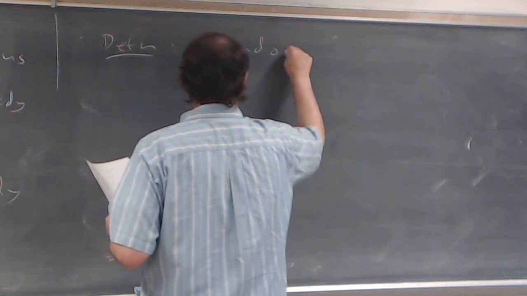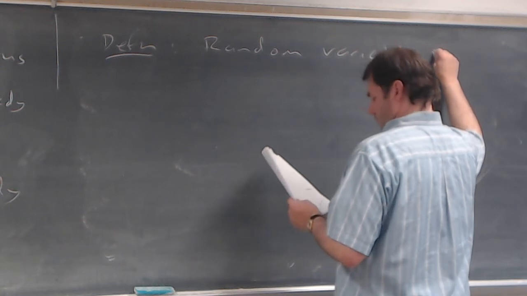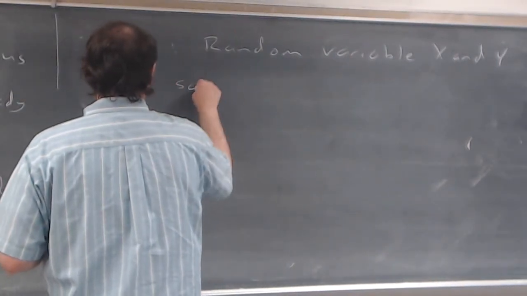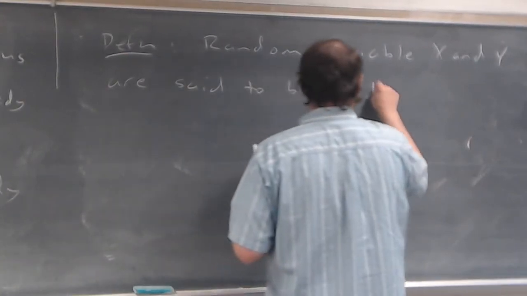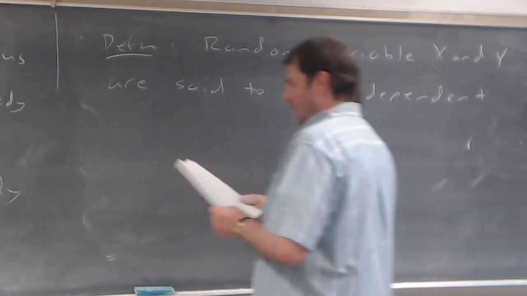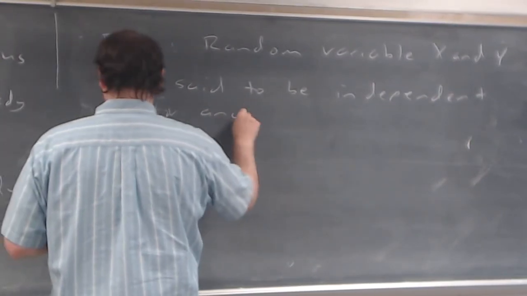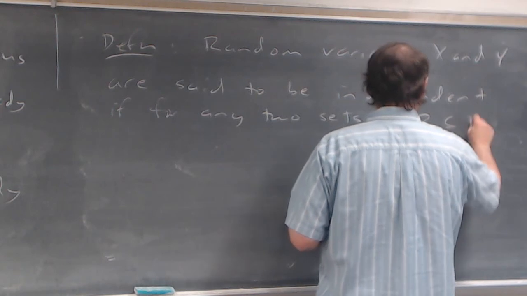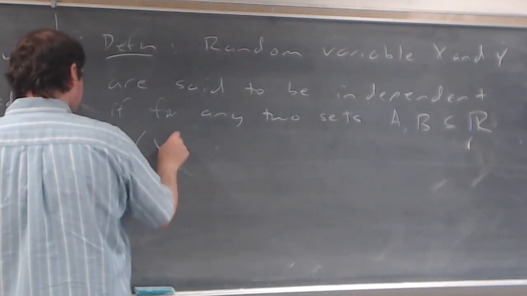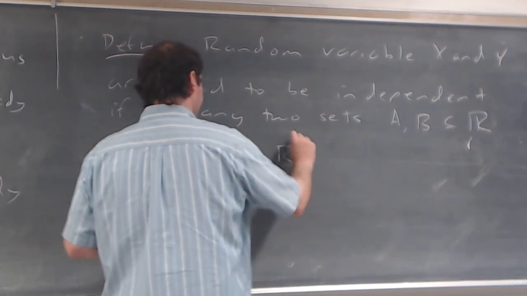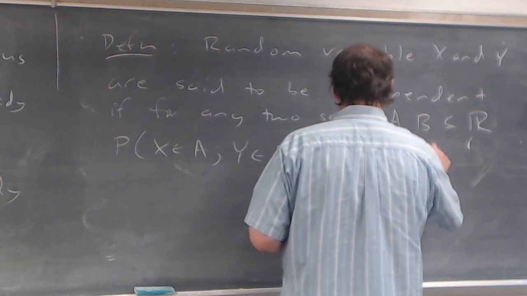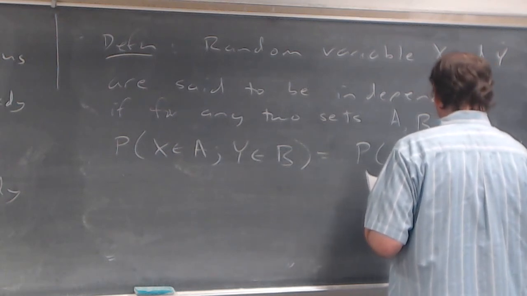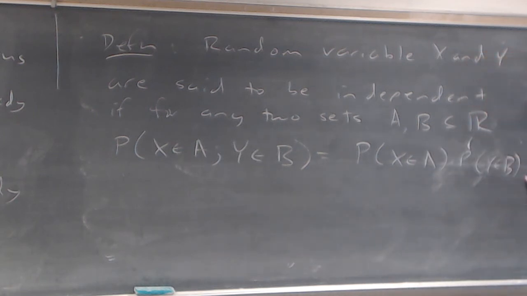Random variables x and y are said to be independent if for any two sets A and B that are subsets of R, the probability that x is in A and y is in B is equal to the probability that x is in A times the probability that y is in B. Okay, that's what it means to be independent.